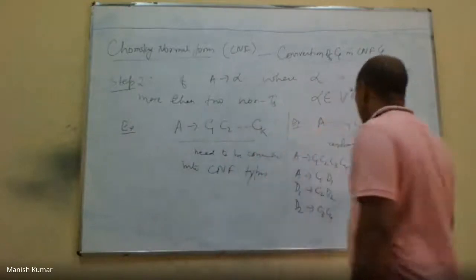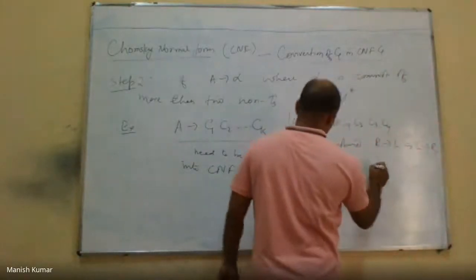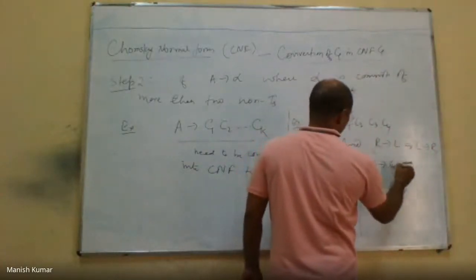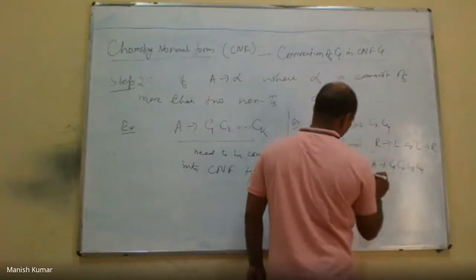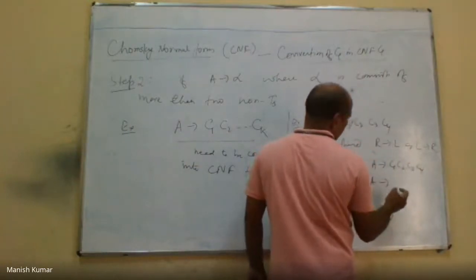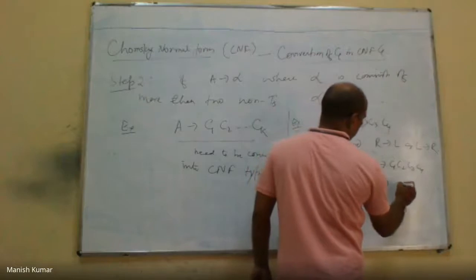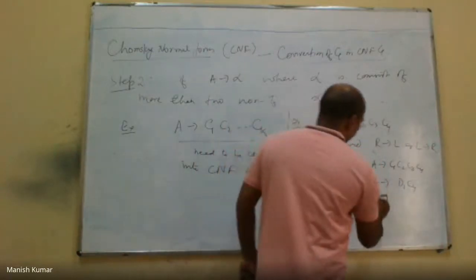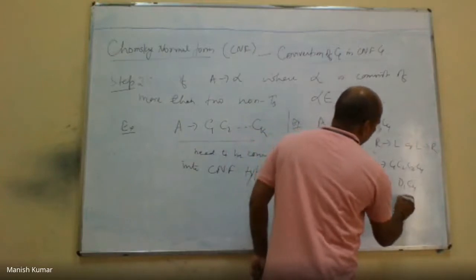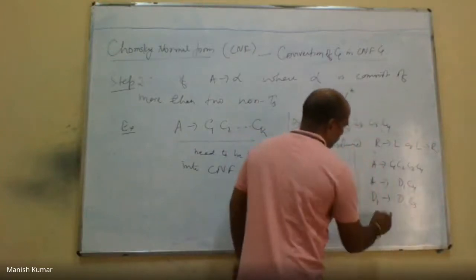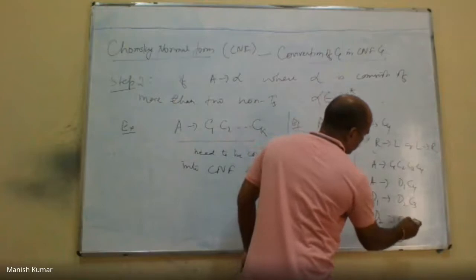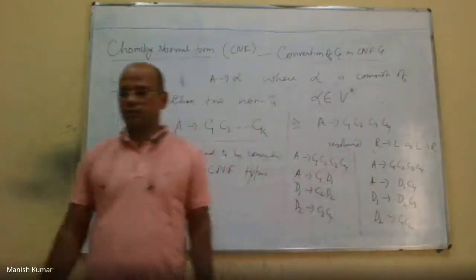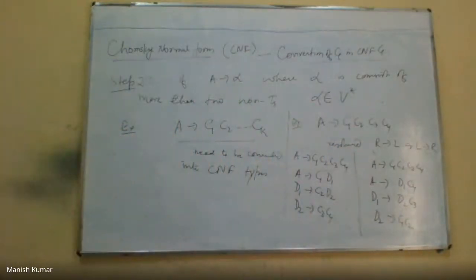The other way is that you can generate C1, C2, C3, C4 like this also: A is D1, C4. I can write D1 is D2, C3 and D2 is C1, C2. Either way you can do that.